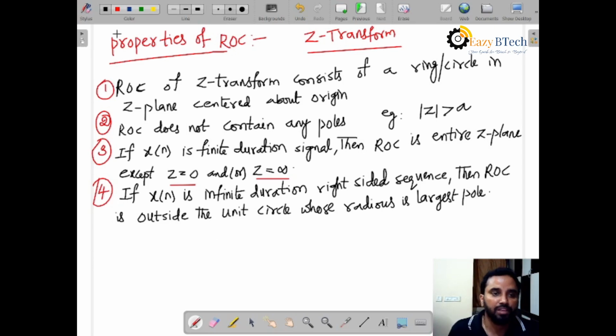Okay, next, fifth point, opposite to the fourth point, means left-sided and infinite duration.